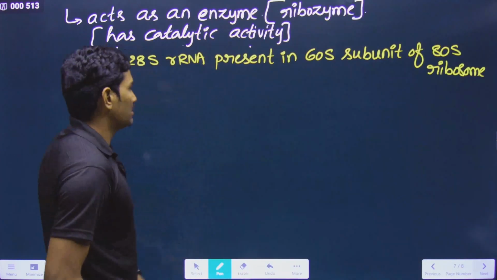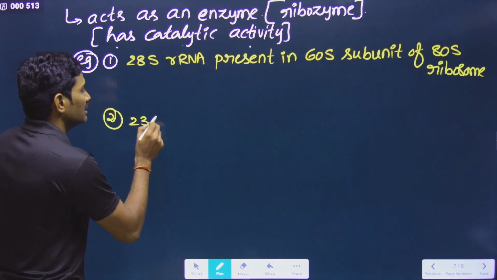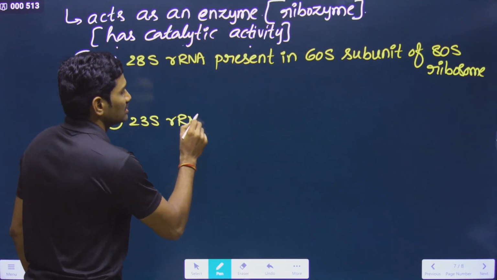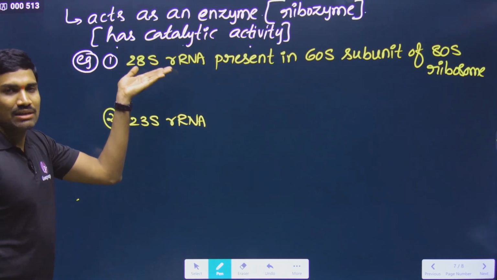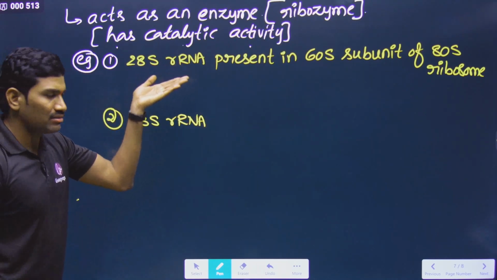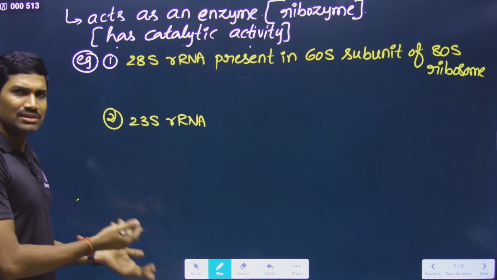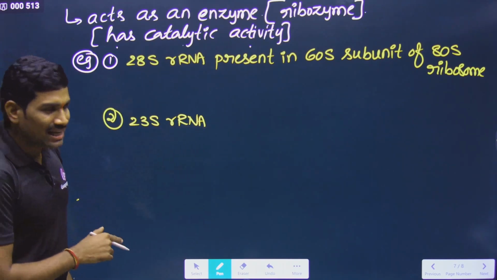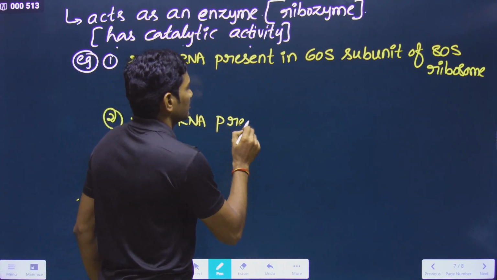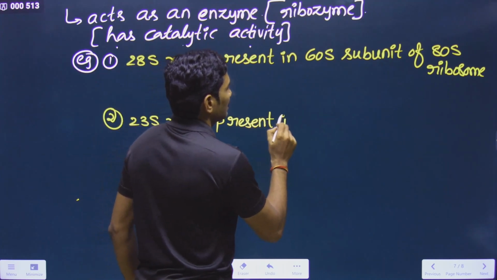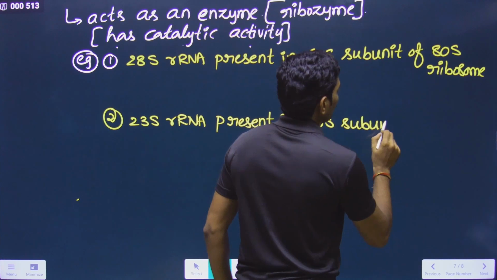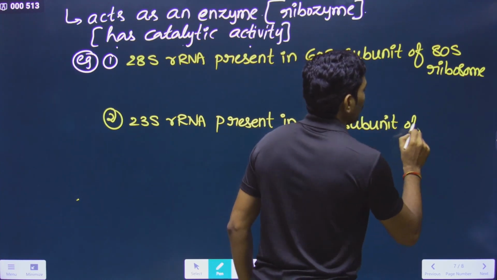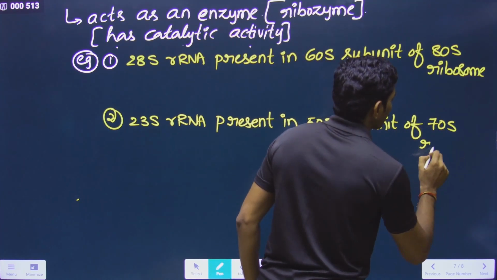So same point, please write. Here we will write 23S rRNA. Observe the logic so that you can easily understand this. In the case of 80S ribosome, 28 is there, that's why we are writing that. But in the 70S, 23 is there, the same thing we are writing. So 23S rRNA present in what is the largest subunit? The 50S subunit of the 70S ribosome.